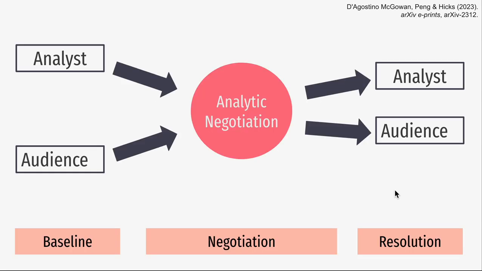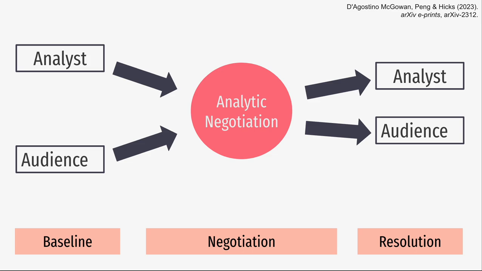We've conceived of this analytic design process as broadly occurring in a sequence of stages. At first we have the baseline stage, where the analyst and the audience independently allocate various principles based on maybe their field-specific conventions or their personal views of how an analysis should be conducted. Then there's the analytic negotiation stage, where the analyst and the audience discuss the proposed analysis and negotiate over how various principles will be allocated.